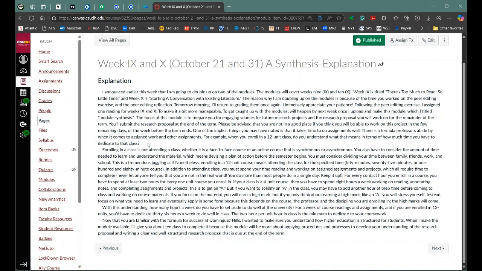Because at least for the face-to-face classes that I have, I've gone over this type of explanation in terms of the time needed to dedicate outside of class per the unit hours that you're in class. If you're enrolled in this class, it is a 4 unit class, no, a 3 unit class.